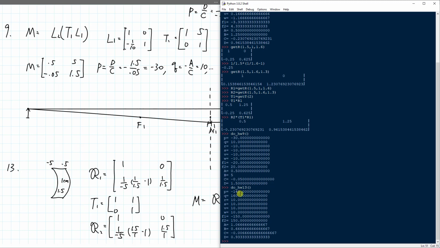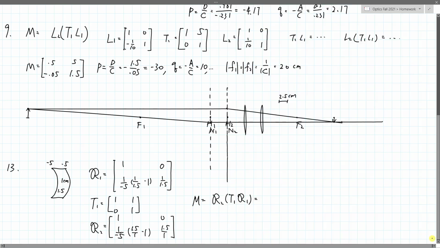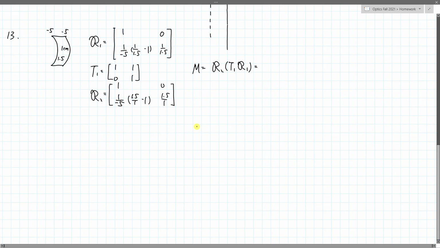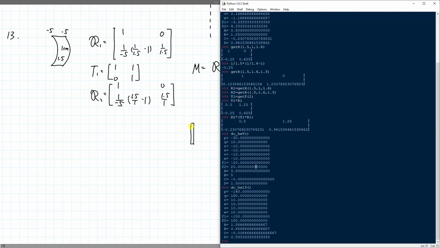And then RS and VW. So let's see what is the best way to draw this thing. So if this is maybe a 1 centimeter thickness, so P is minus 140 to the left, Q is 160 to the right.